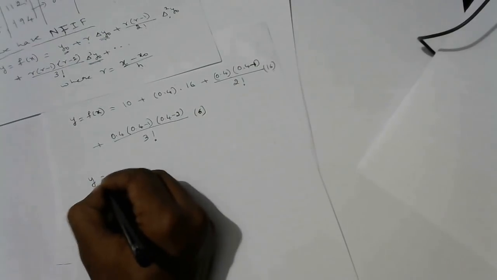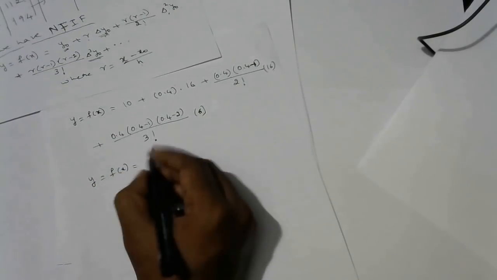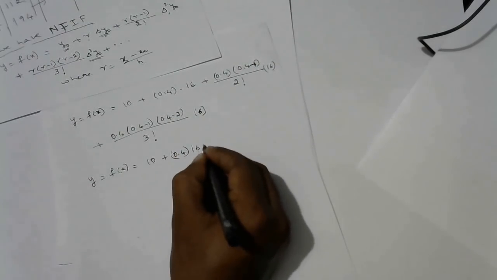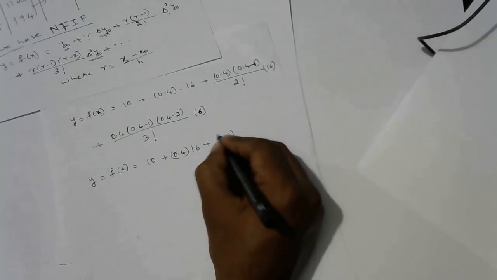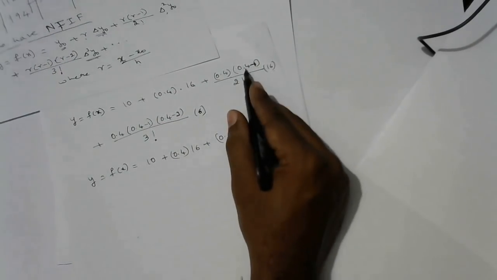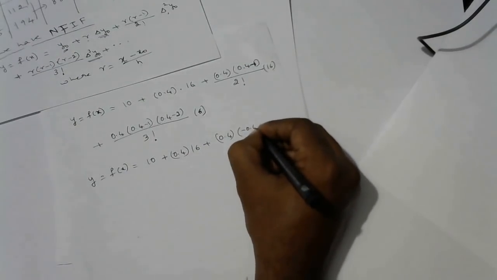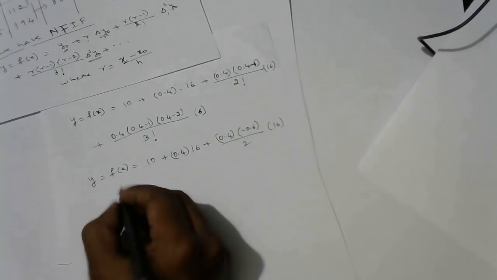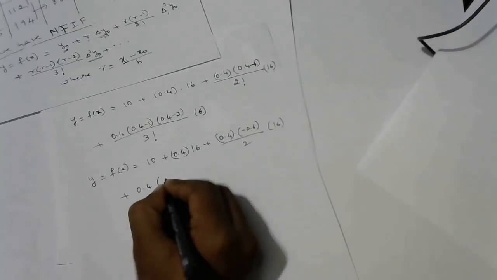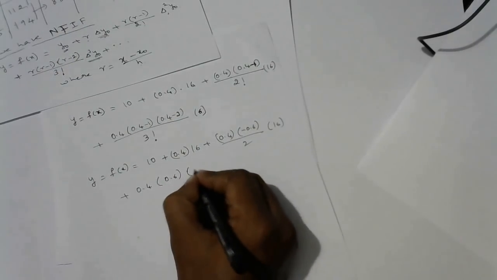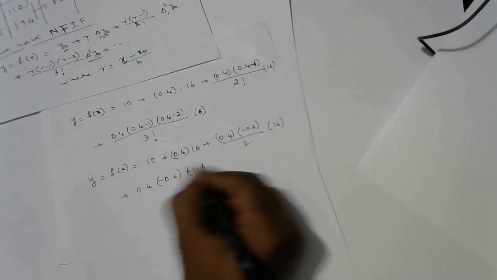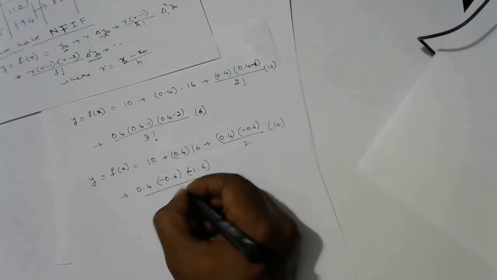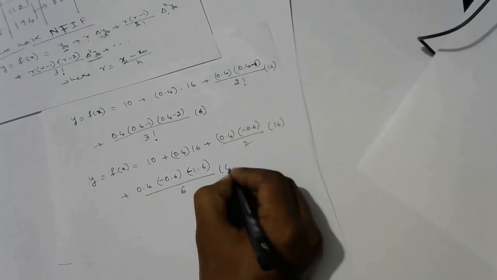So y equals f of x equals 10 plus 0.4 into 16 plus 0.4 into minus 0.6 divided by 2 into 16 plus 0.4 into minus 0.6 into minus 1.6 divided by 3 factorial, which is 6, into 6.